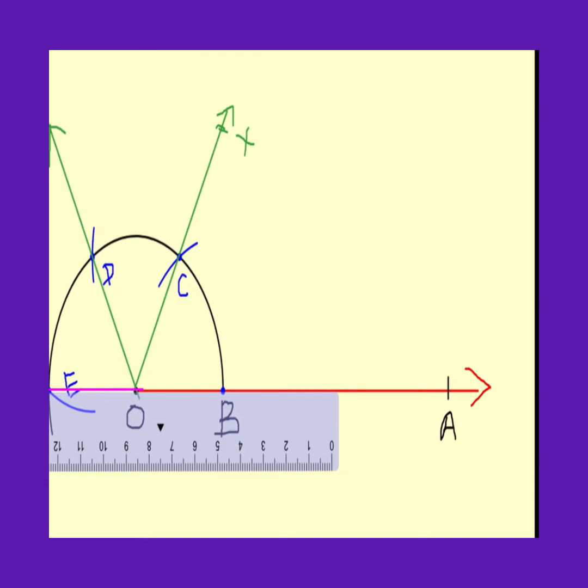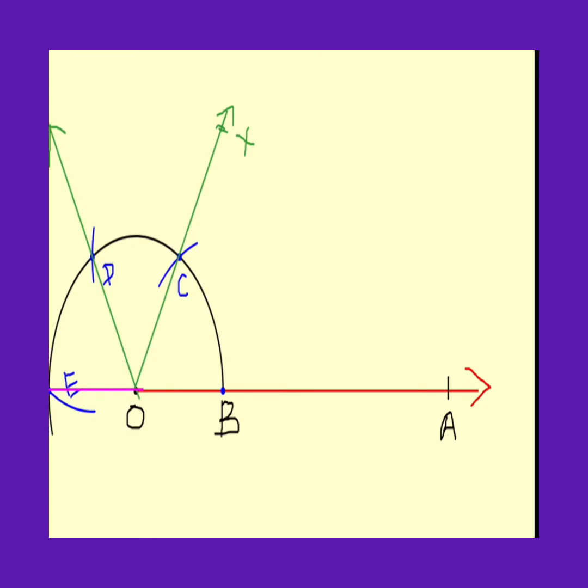But our question is how to construct angle 15 degree, then 75 degree, after that 105 degree and 135 degree. So dear, for this we will first construct angle 90 degree.